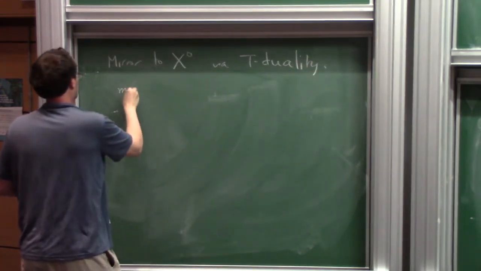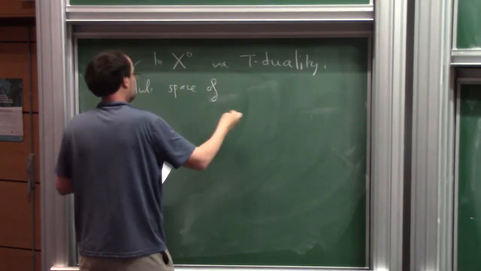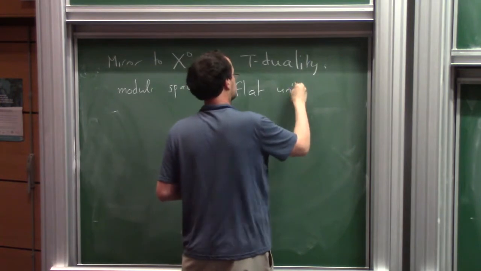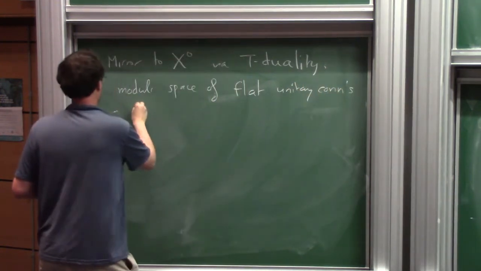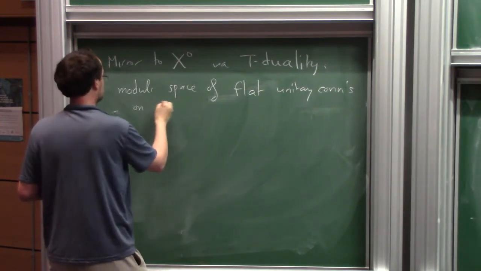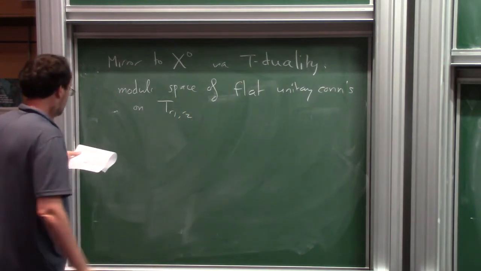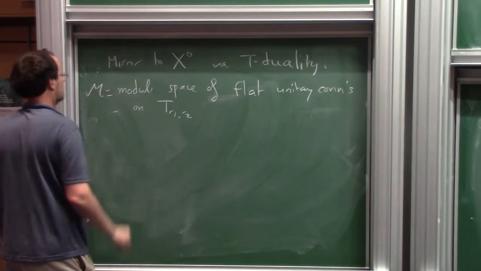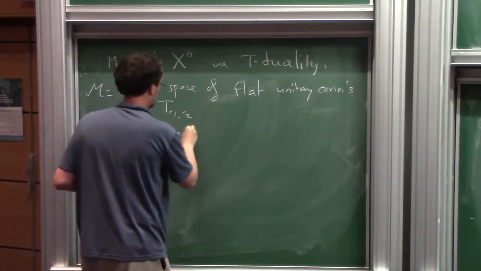Namely, you want to look at a moduli space of flat U1, say flat unitary connections, on the trivial line bundle, on these tori T_{R1,R2}. Okay, and so this thing actually has a canonical symplectic structure.